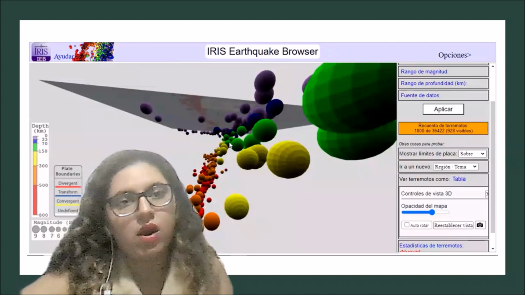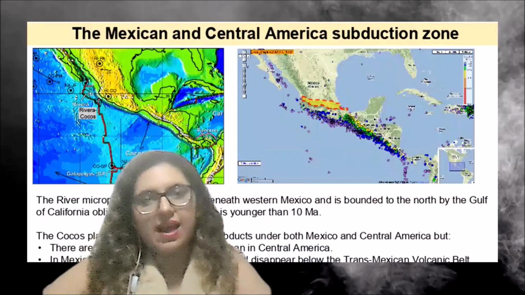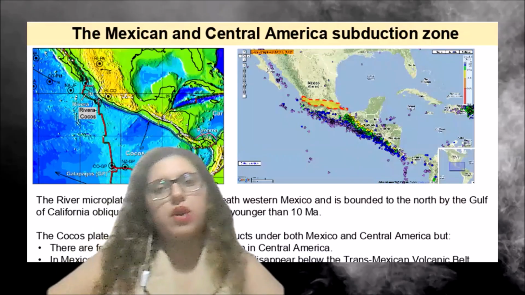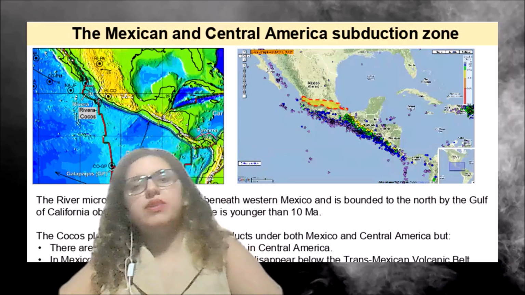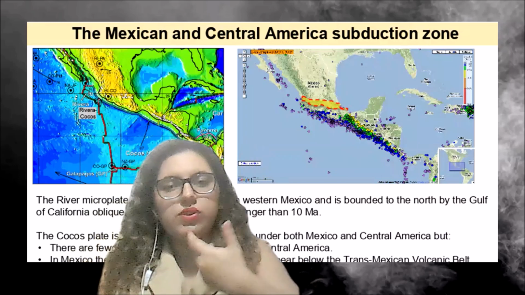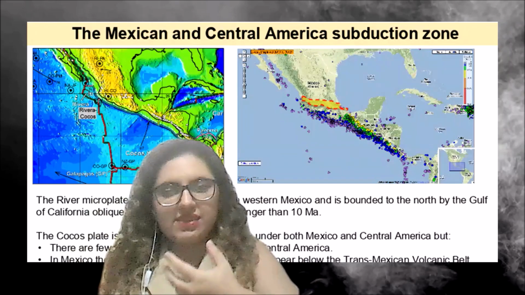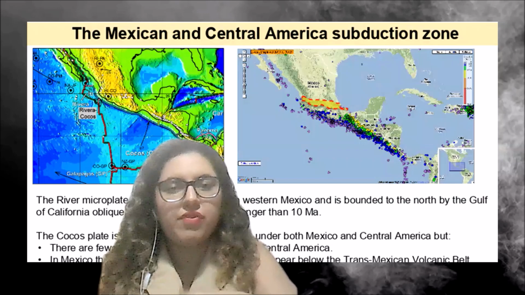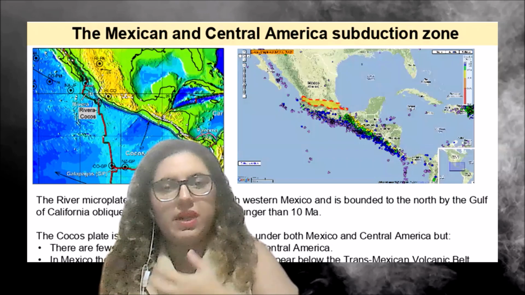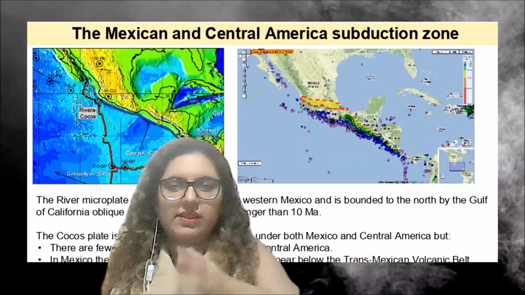Of more than 500 of magnitude. Now we have some investigation of Mexico and Central America. The Rivera Plate subducts slowly beneath western Mexico and is bounded to the north by the Gulf of California oblique rift. The Rivera Plate is younger than 10 million years.